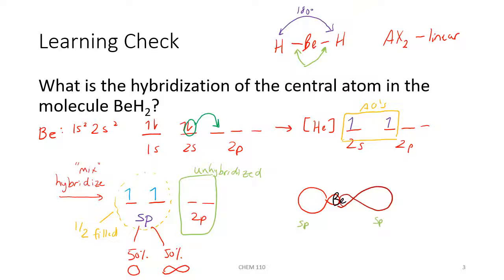So both of these are representing the new hybrid orbitals that we made. Each of them has one electron in it, and that one electron can overlap with the one electron provided by hydrogen. So hydrogen's electron configuration we saw before was 1s1, so there was one electron in the 1s orbital, and that already is available for overlap.